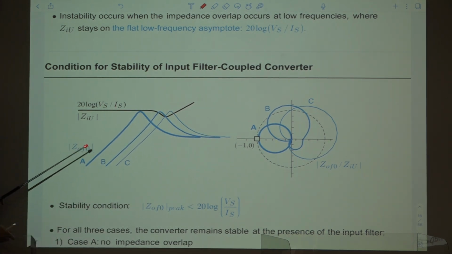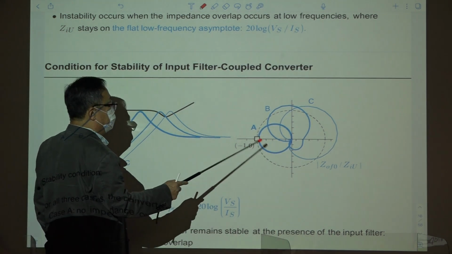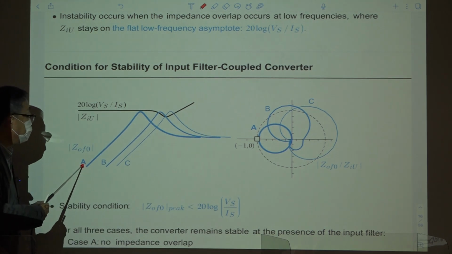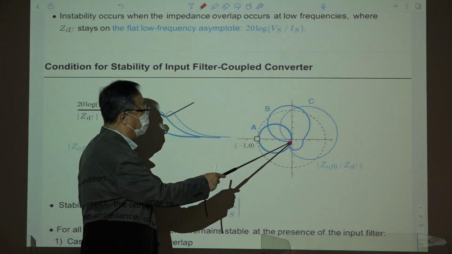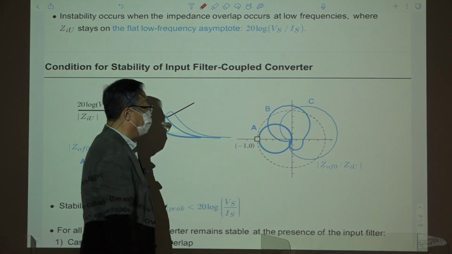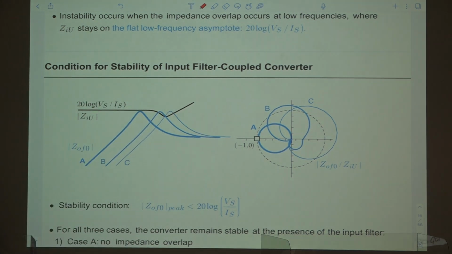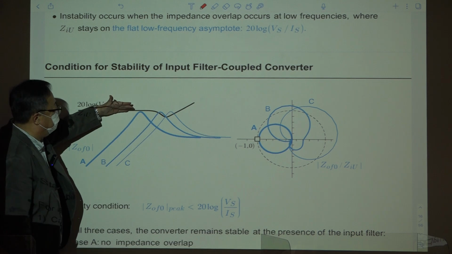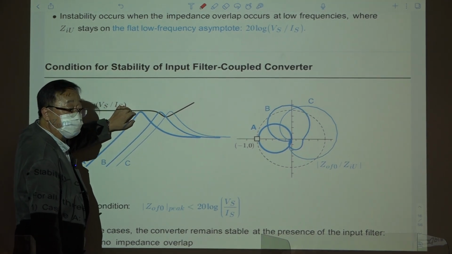For these examples, I simulated and drew the polar plot. Case A is here, and this is B, this is C. So the trajectory of loop gain, A is this one, B is this one, C is this one. They are all stable, right? But they are all prone to instability. Because if something happens, then maybe this peak value will exceed this, then this becomes unstable.